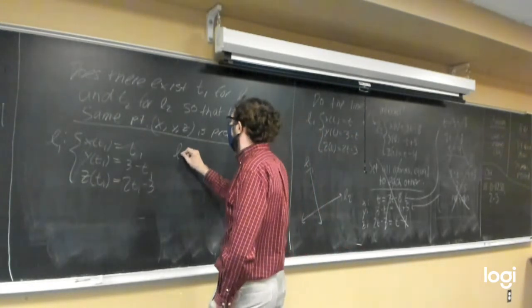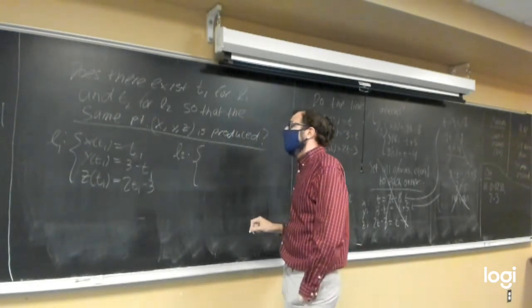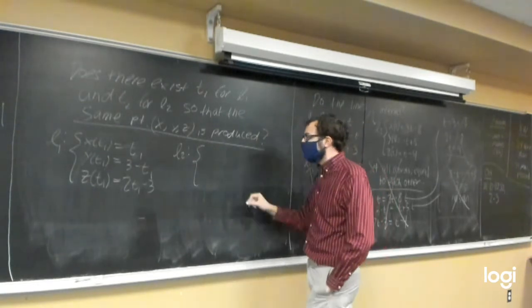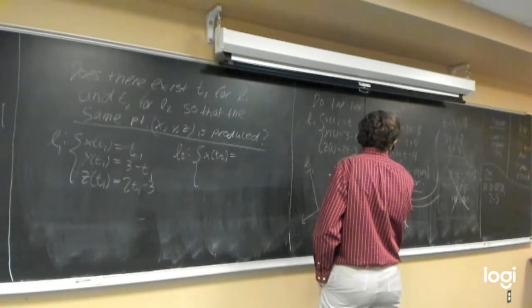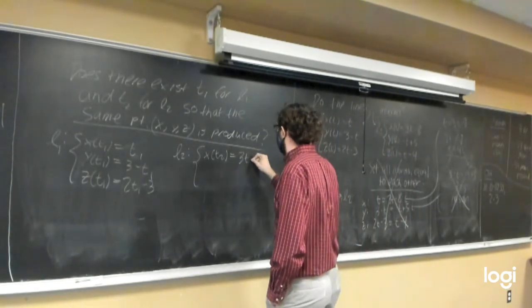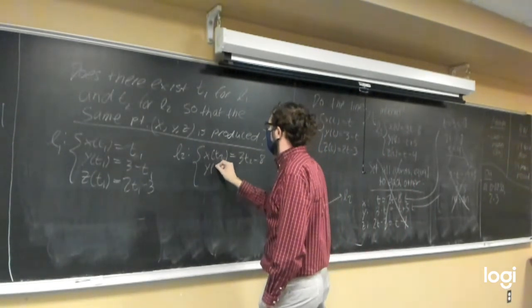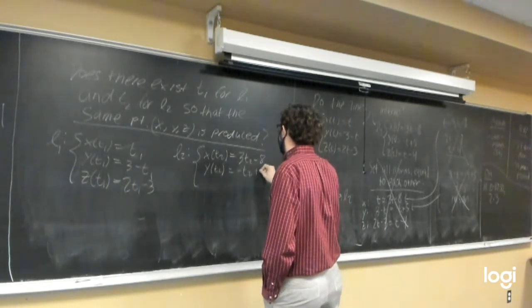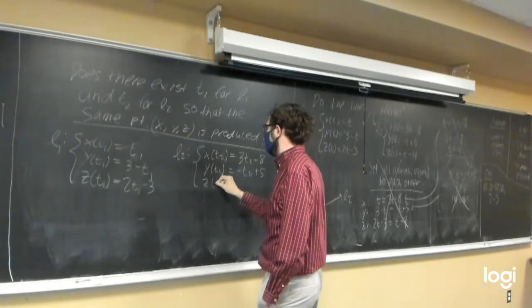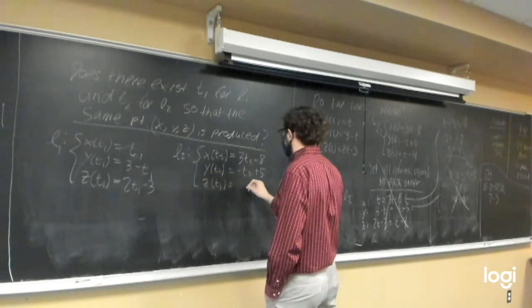And for our second line, L2, if we replace all of our t's with t2s, we'll get x of t2 is 3t2 minus 8. Y of t2 is going to be negative t2 plus 5. And z of t2 is t2 minus 4.